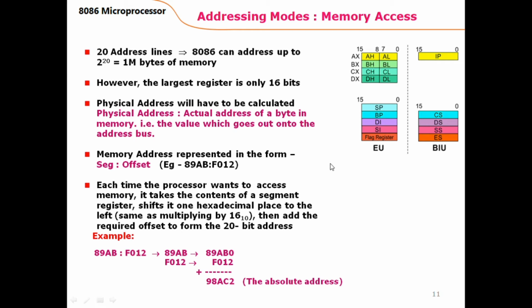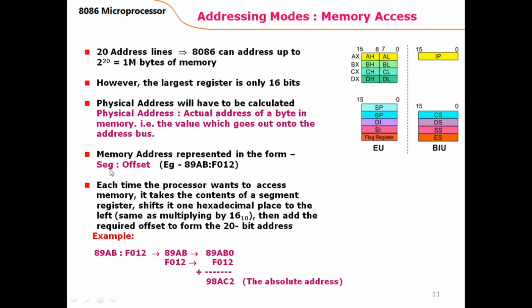Each time the processor wants to access memory, it takes the contents of a segment register. For example, these are the segment registers. It shifts the content of the segment register 1 hexadecimal place to the left, or equivalently multiplies by 16 in decimal, then adds the required offset to form the 20-bit address.